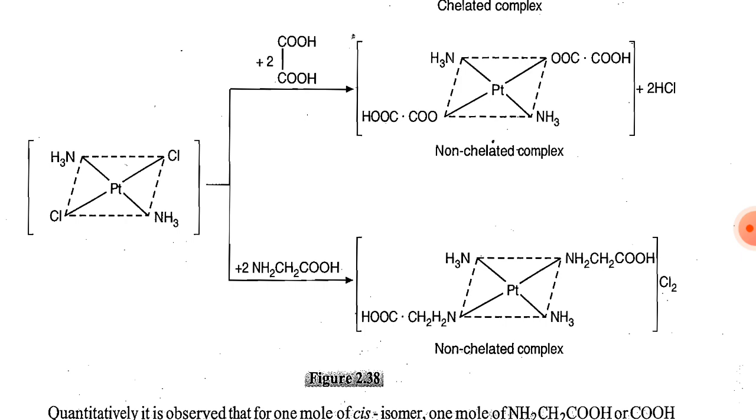So the trans isomer in contact with a symmetric or unsymmetric bidentate ligand will form a non-chelated complex. That means it will not show cyclic structures.